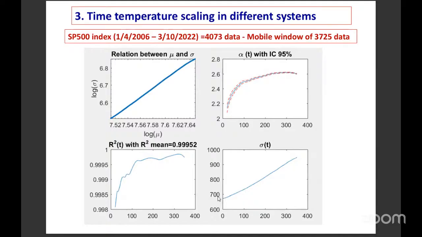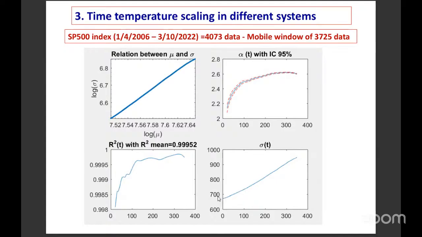Running the time with a mobile window, it is possible to find for each window the value of the exponent. Here R squared measures the fit quality, and here is the variation of the standard deviation in time.